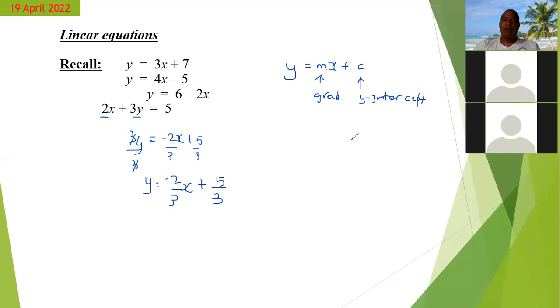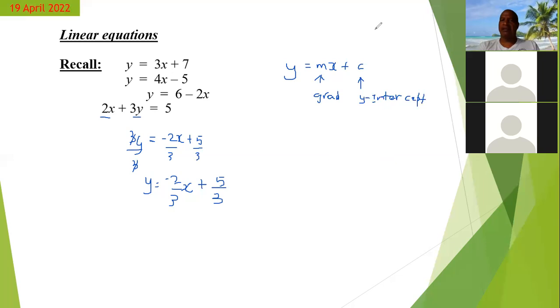All right, now it is important that you familiarize yourself with this general form, because oftentimes when we're asked to find the equation of a line, this is the form that you would write it back into. So become familiar with the general form y equals mx plus c. All right, let me clear this, guys.